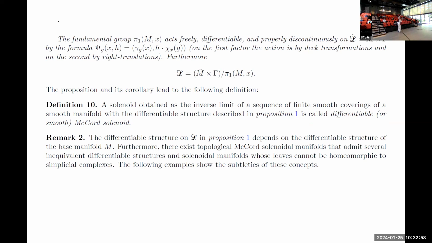So the fundamental group acts on the universal cover X and on the Cantor set by translation, and then you take the quotient. That means this object is like the first laminated version of the universal covering, and gamma, the fundamental group, acts like this transformation.